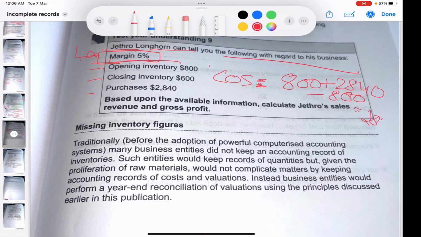So my cost of sales is 2840. And margin is also given. Let us take sales to be X.